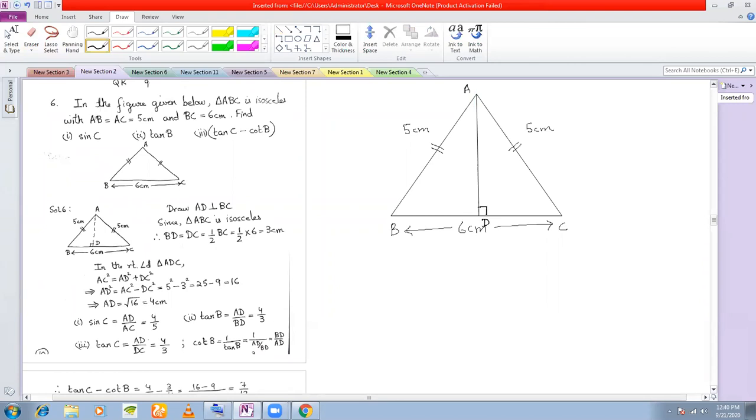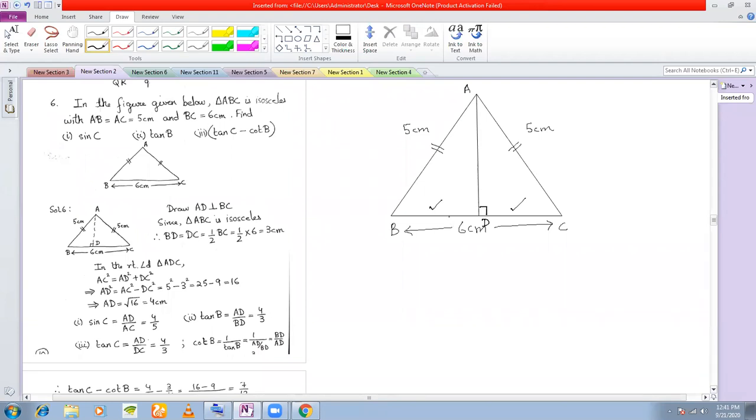Now you remember, as I told you earlier, that in an isosceles triangle, from the vertex joining the equal sides, if we are drawing a perpendicular to the third side, then this side BD must be equal to DC. I think I have told you this.